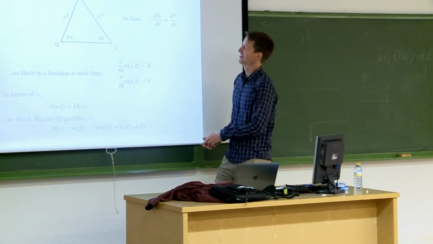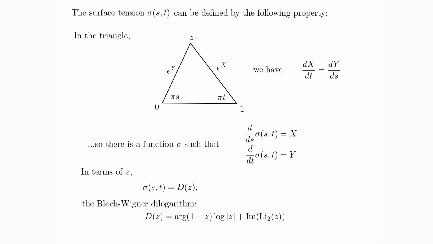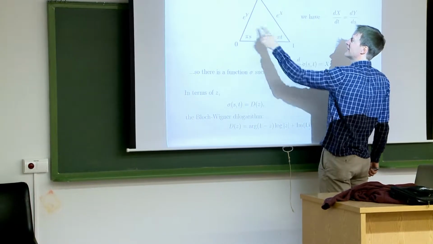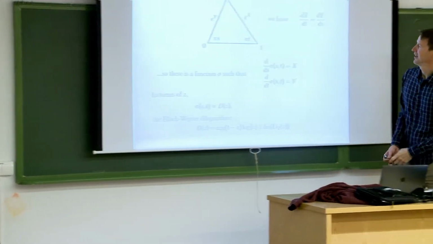Here's the answer. You take a Euclidean triangle. I'm going to put one vertex at 0, one vertex at 1, and let's put the upper vertex in the upper half plane at z, a complex number z. Now, let pi s and pi t be the angles of those two edges. Then this edge has length e to the x, and that edge has length e to the y.